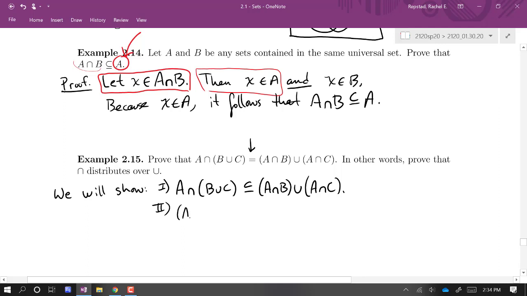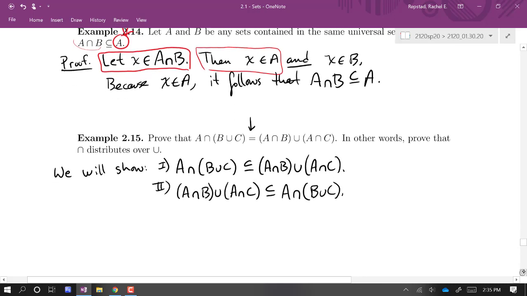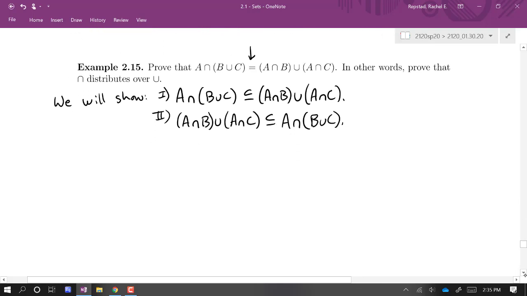We'll show that A intersect B union with A intersect C is contained in A intersect B union C. So now the reader knows that I'm going to be writing two different proofs.